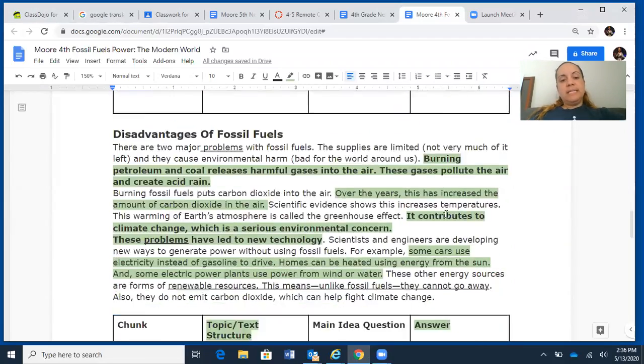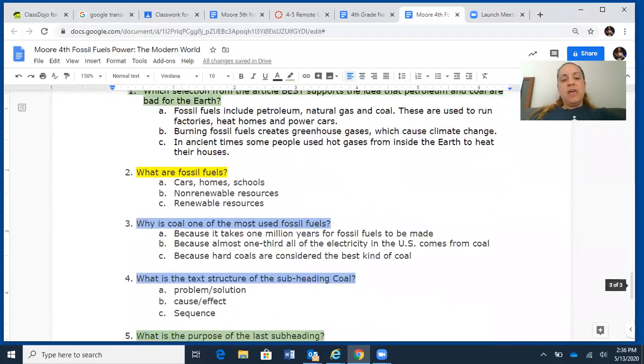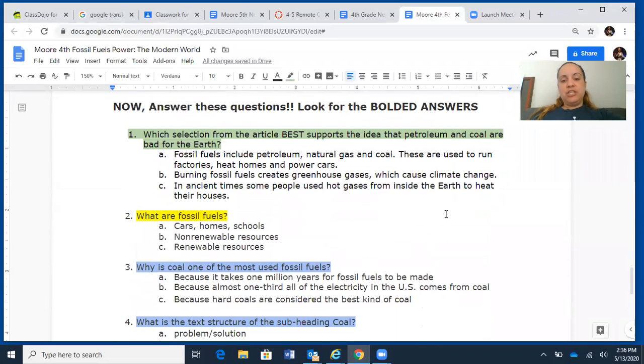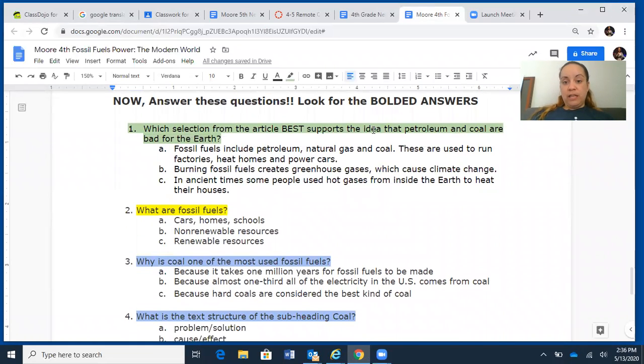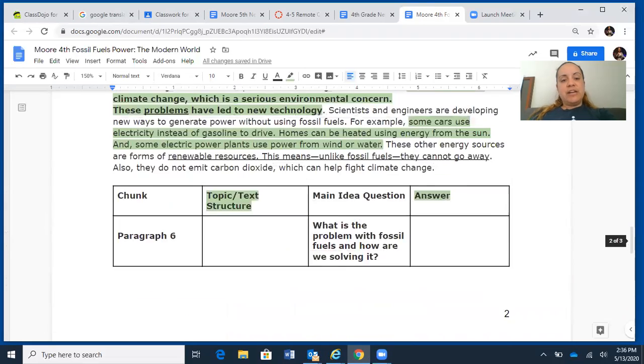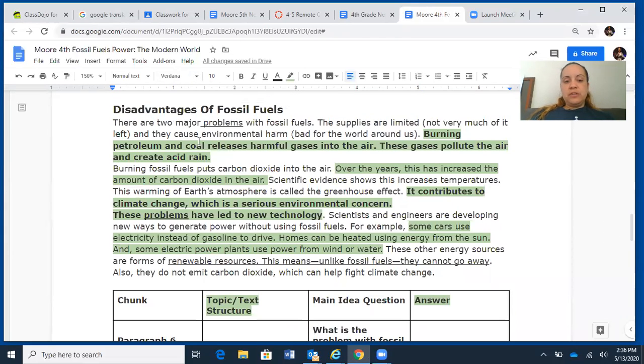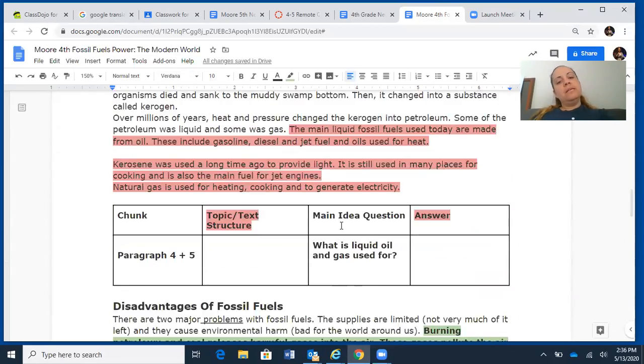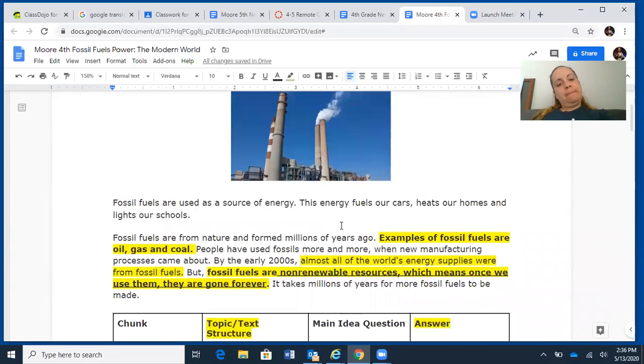Also, when we get to the bottom with the questions, match them with the paragraph color, but the answer is in bold. So you see how I've bolded some things? That's because the bolded is the answers to the questions. Okay, so let's start back at the top.